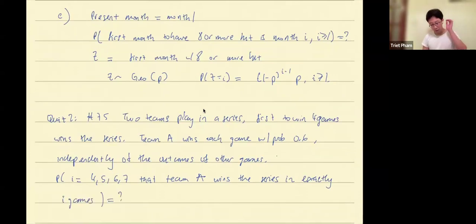So that's 4 questions, 4 probabilities. I just wrote it in one statement. So how can we do this?